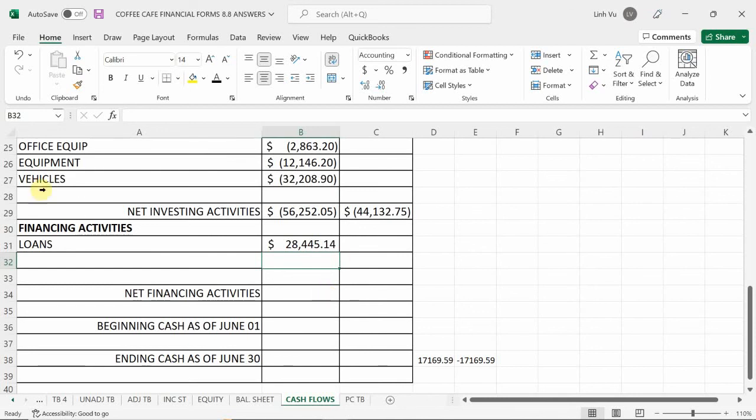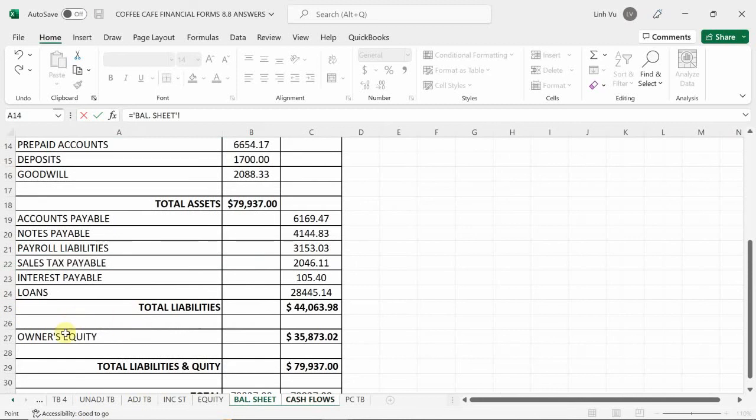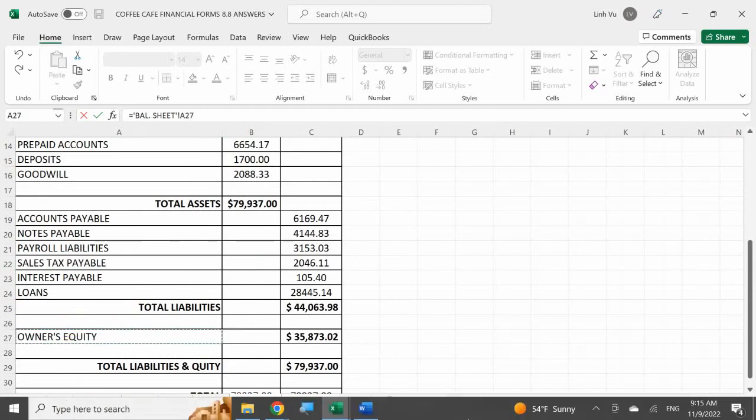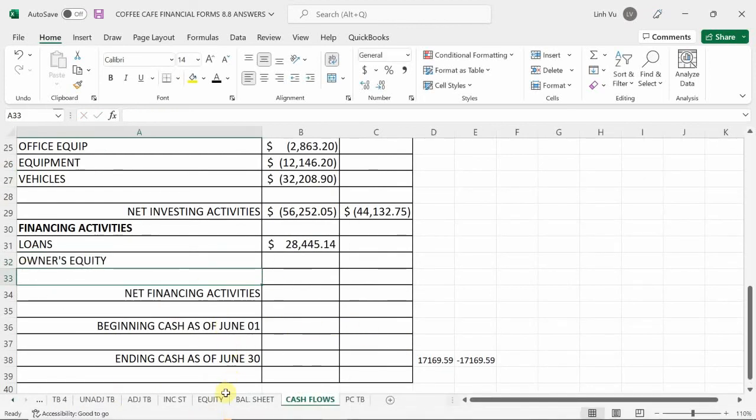Now, other things that affect your financing activities will be any equity accounts. I'm going to go to my balance sheet here, my owner's equity. What does my owner's equity include right now? $35,873.02. What does it include already?